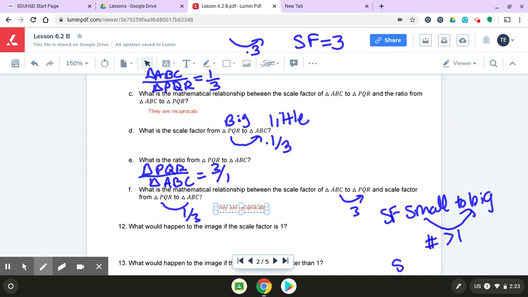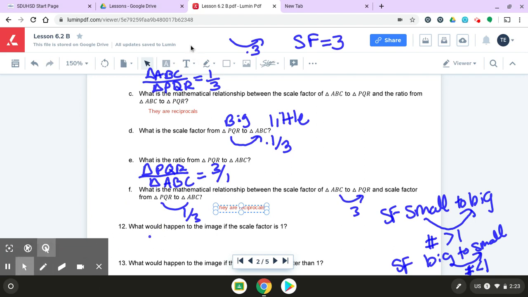If I went from big to small, I had to multiply by something that is smaller than 1. So if the scale factor is just 1, we are keeping the shape the same exact size. The shape stays the same size.